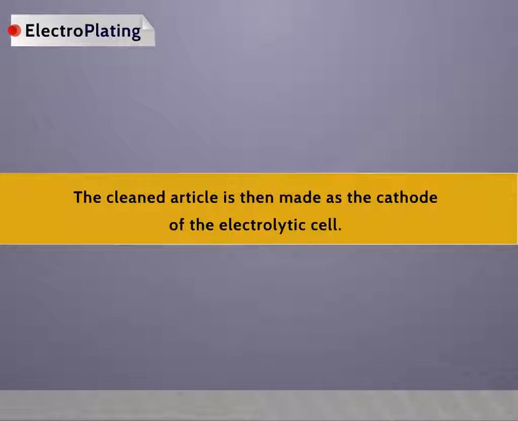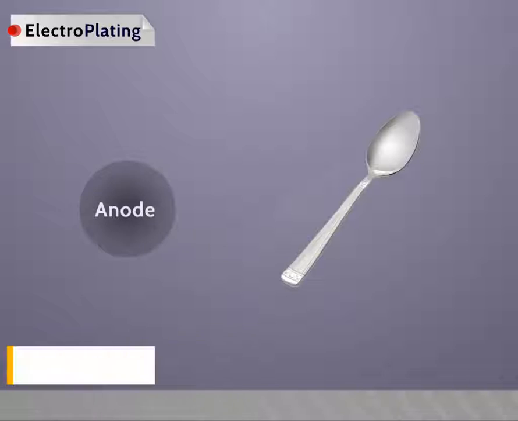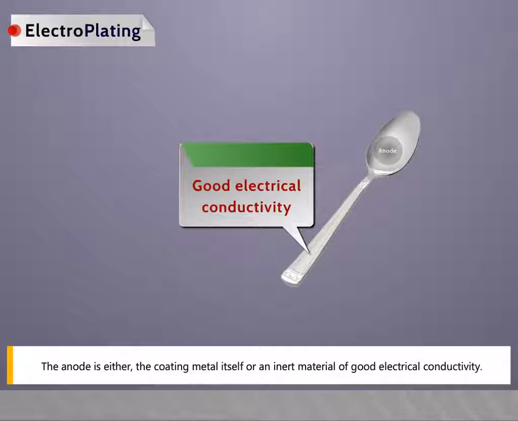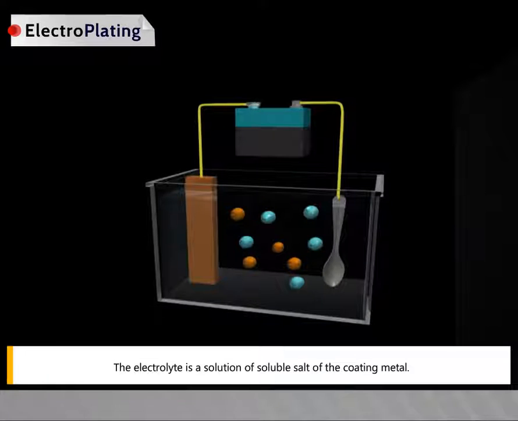The cleaned article is then made the cathode of the electrolytic cell. The anode is either the coating metal itself or an inert material of good electrical conductivity. The electrolyte is a solution of soluble salt of the coating metal.